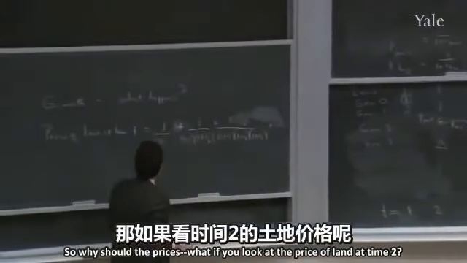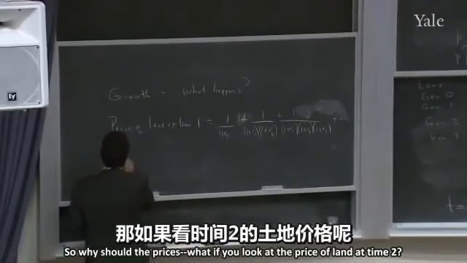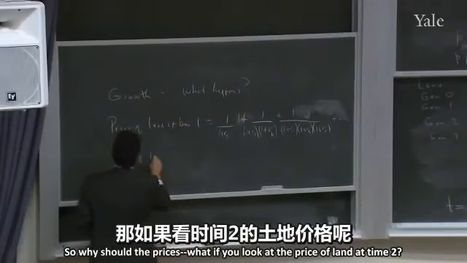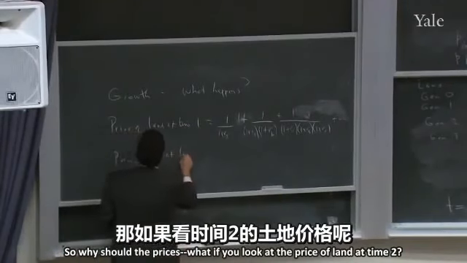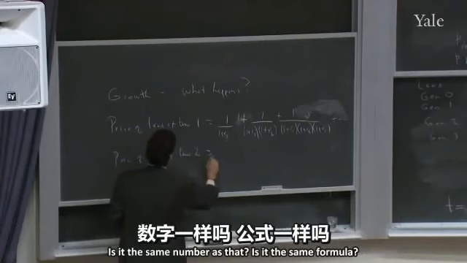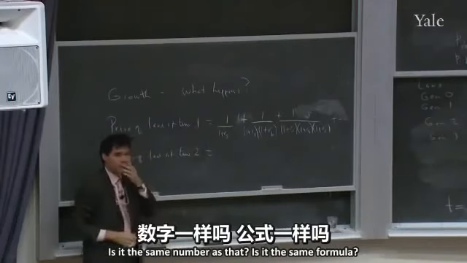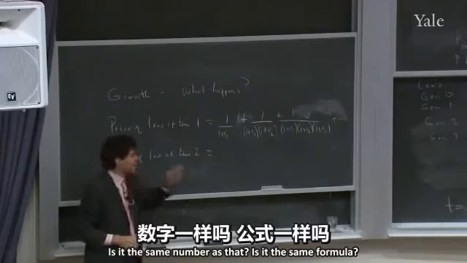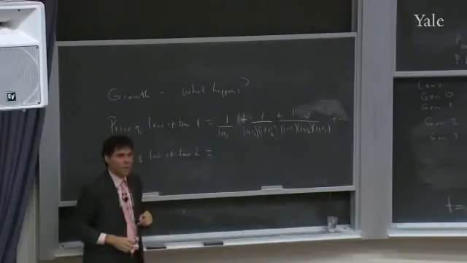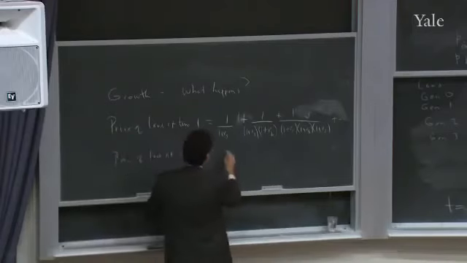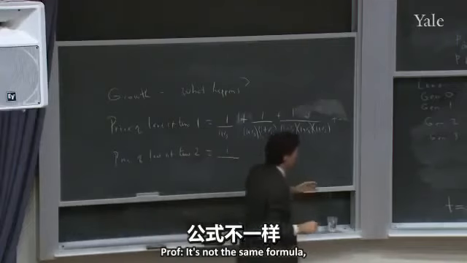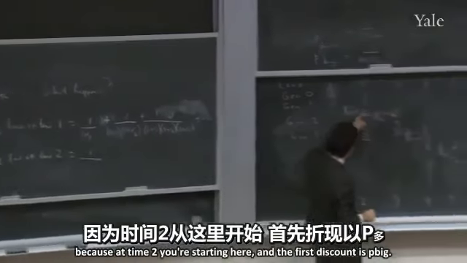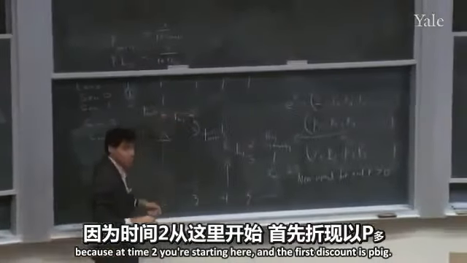So what if you look at the price of land at time 2? Is it the same number as that? Is it the same formula? It's not the same formula because at time 2 you're starting here and the first discount is R big.